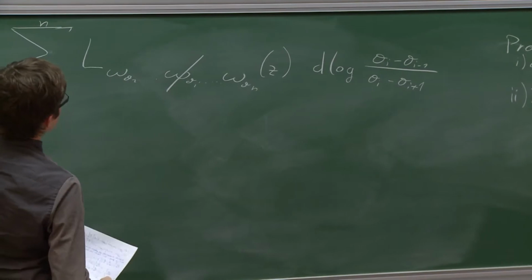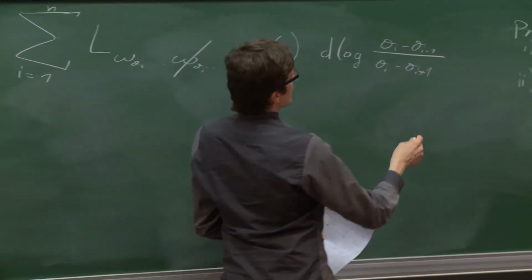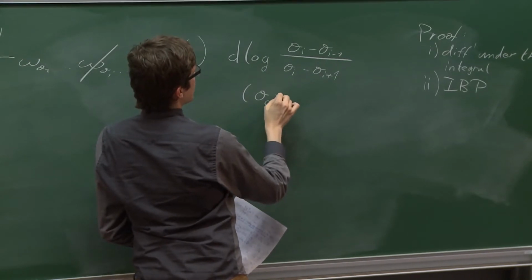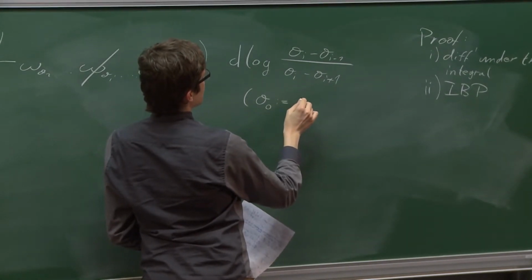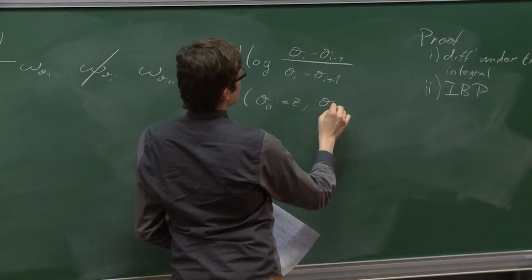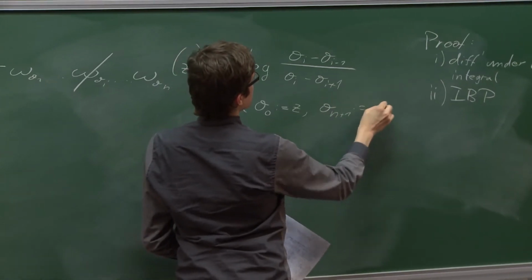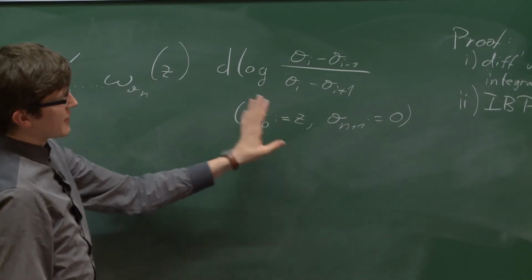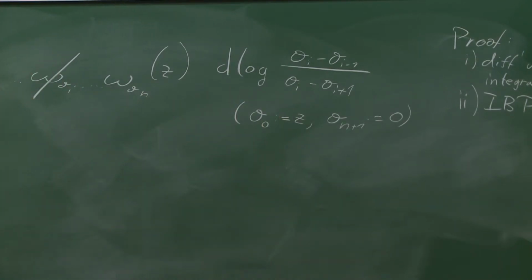There are some boundary terms in this formula, so there's a sigma 0 appearing here, which is defined to be z, and a sigma n plus 1, which is defined to be 0. These correspond to the boundary terms of the integration. So actually, this is a totally symmetric formula.